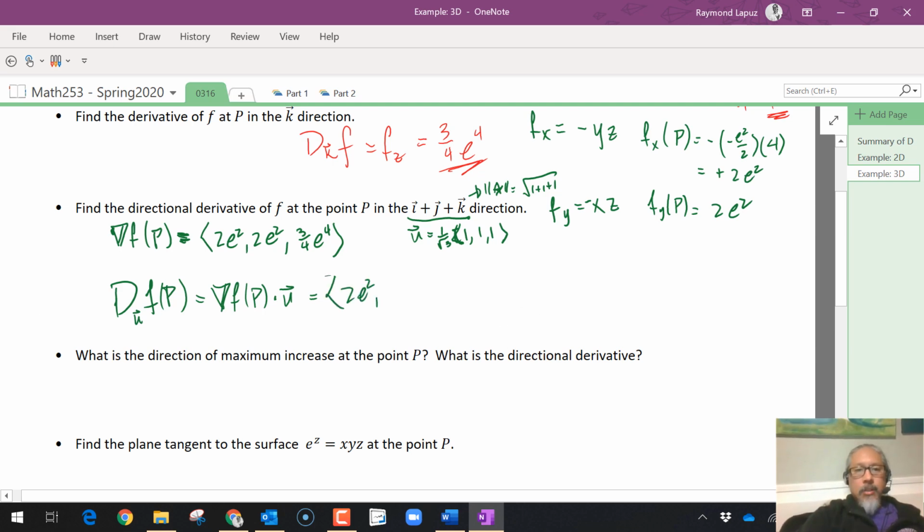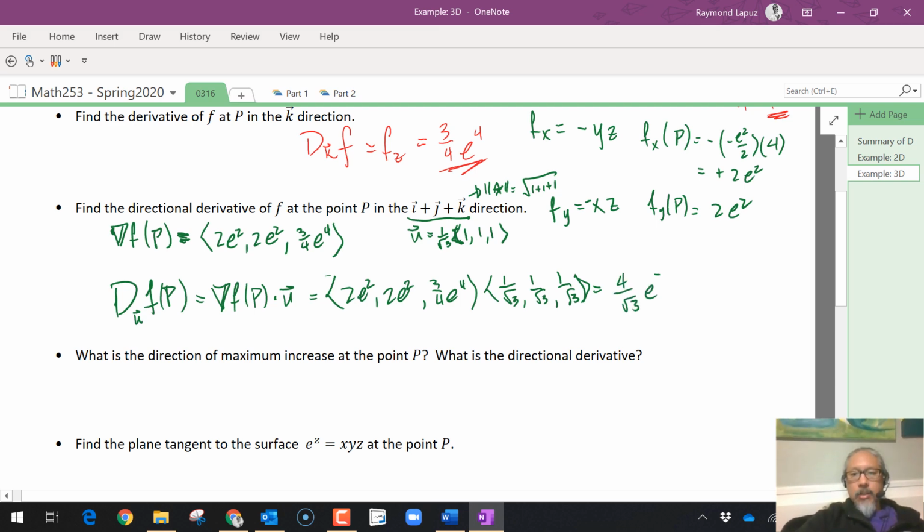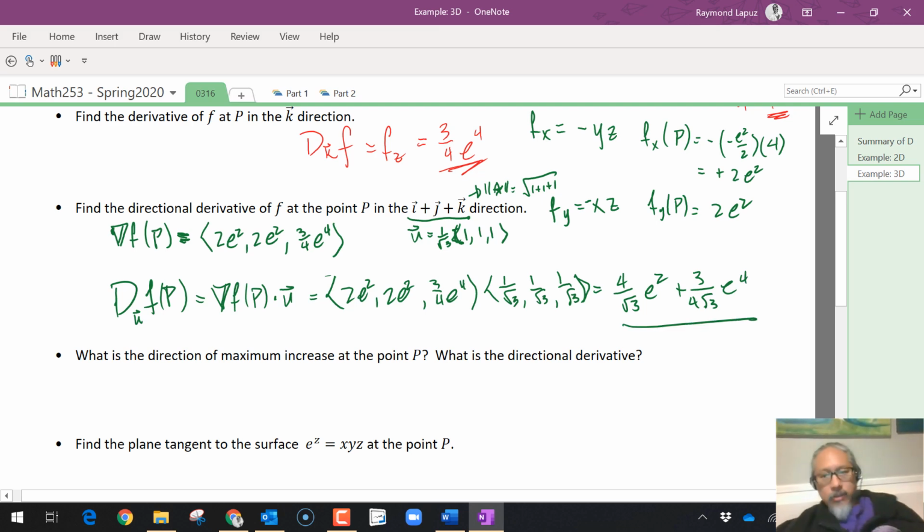This is 2e squared, 2e squared, 3/4 e to the fourth dotted with 1 over root 3, 1 over root 3, 1 over root 3, and this is going to be 2 over root 3 plus 2 over root 3, so that's 4 over root 3 e squared, plus 3 over 4 root 3 in the bottom e to the fourth. And I don't think you can combine that, so I would leave it as that.